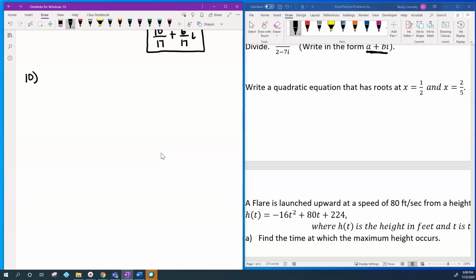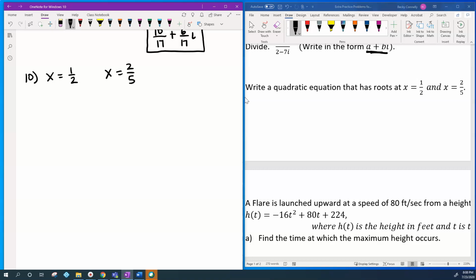But this time they're telling you that x is 1/2 and x is 2/5. So how can we use this information to write an equation? What do I do with that? Reverse the steps. Yeah, right?